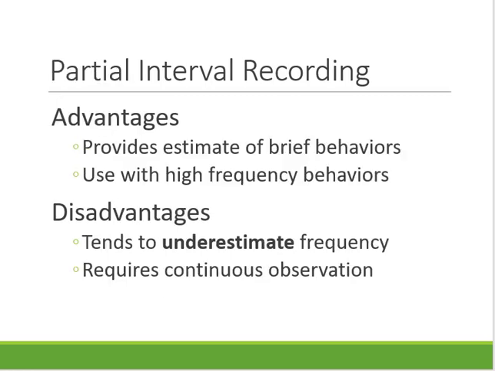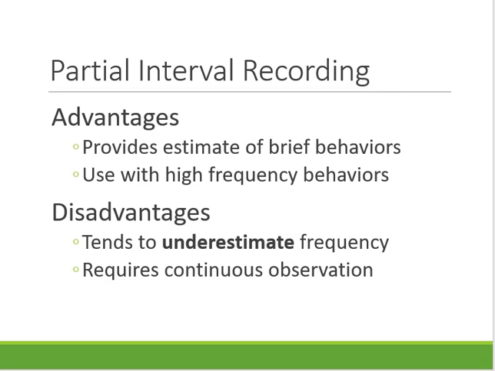The advantages of partial interval recording are that it can provide an estimate of behaviors that occur for a short period of time, as well as for high-frequency behaviors. Contrary to whole interval recording, partial interval recording tends to overestimate the occurrence of behavior.